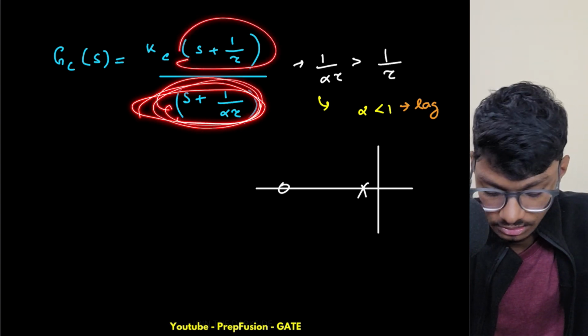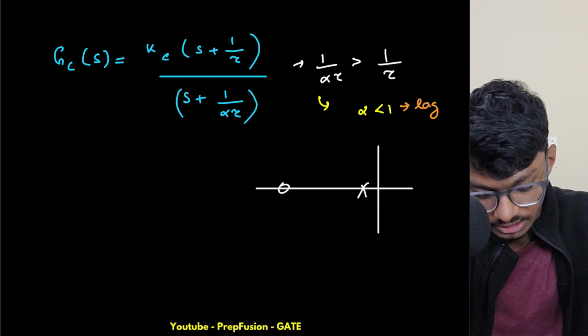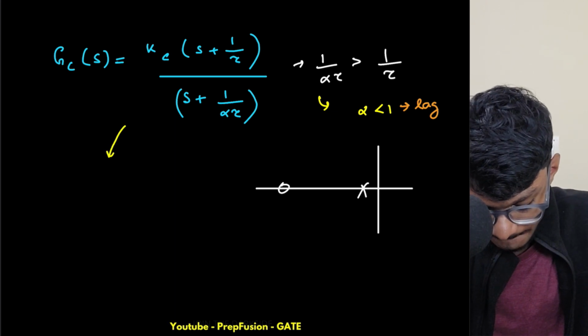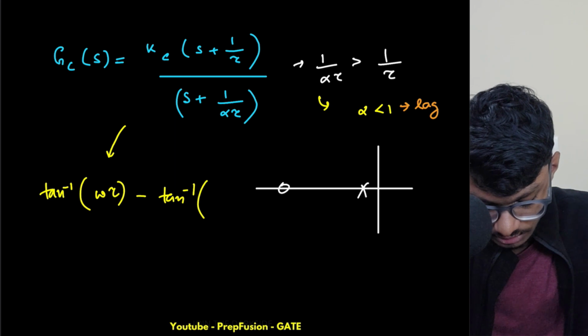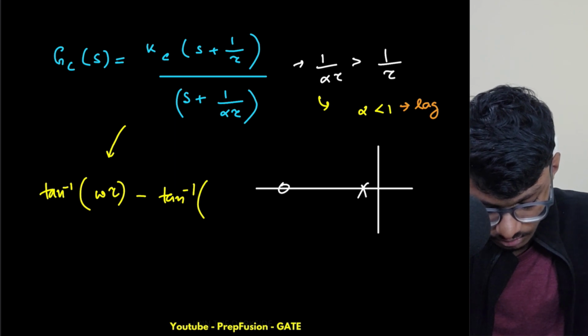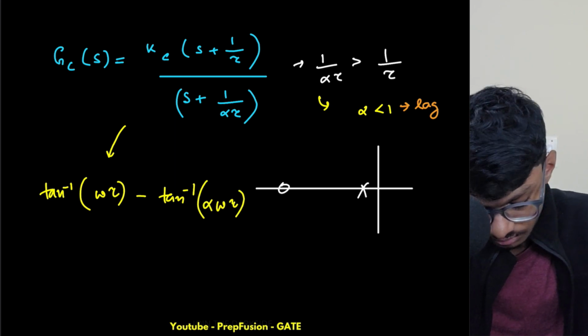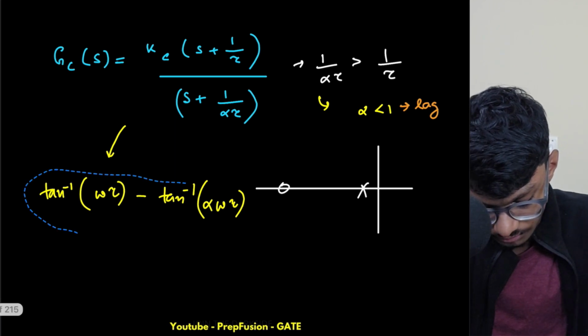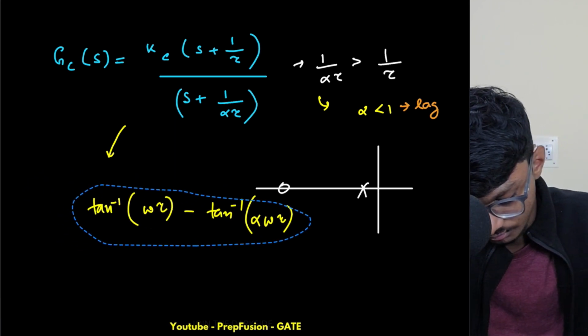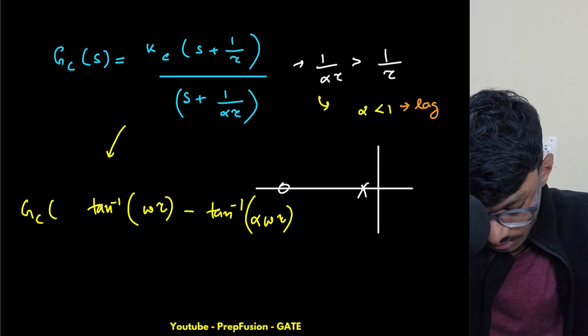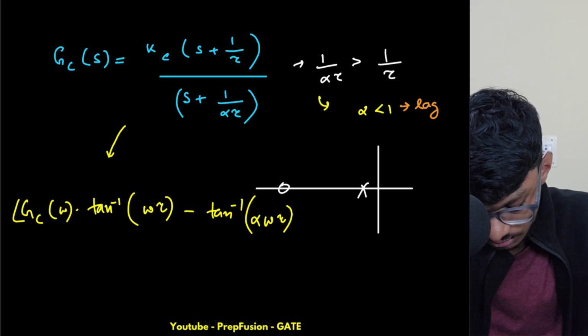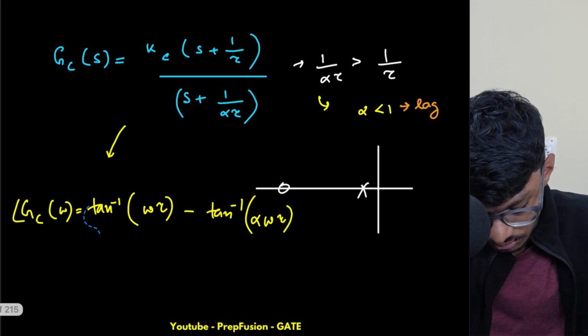Let me just write the angle expression, then you will understand: tan inverse omega tau minus tan inverse alpha omega tau. Okay, this is the angle of GC of j omega.